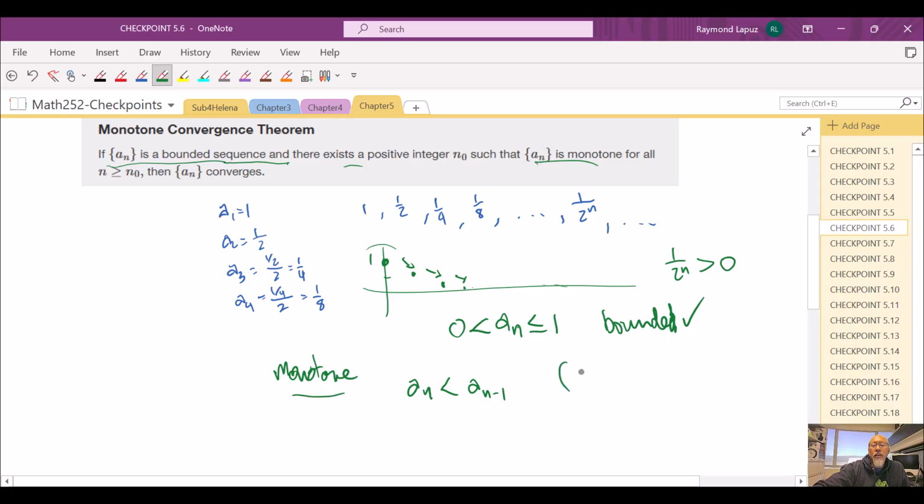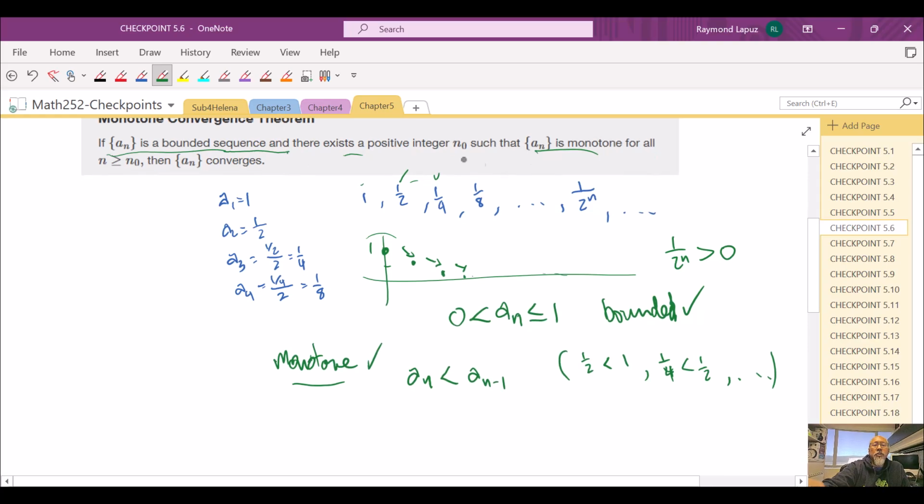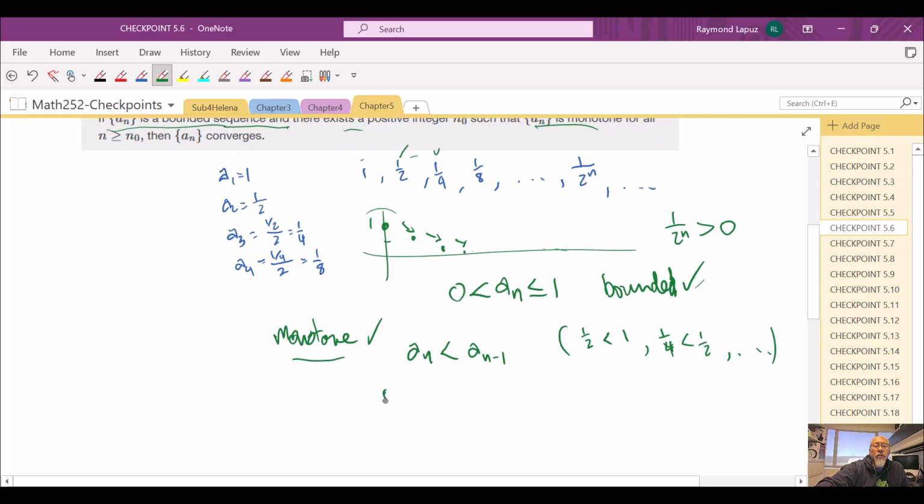The 1/2 term is less than the previous term, and then 1/4 is less than the previous term, etc. So yes, it's monotone. That checks out. Once we show that it's bounded and monotone, therefore the sequence converges.